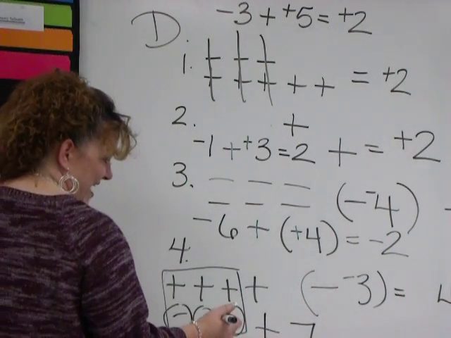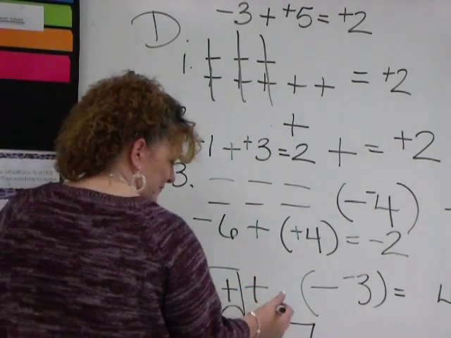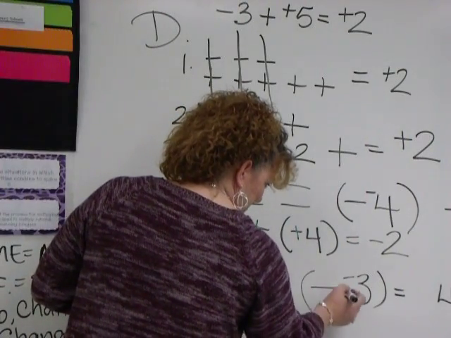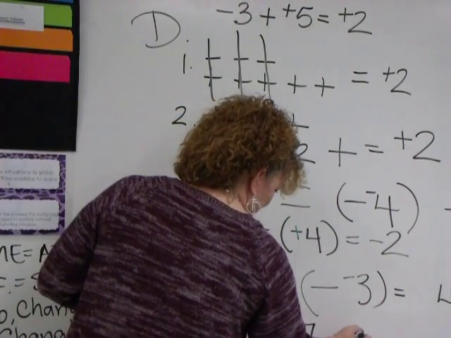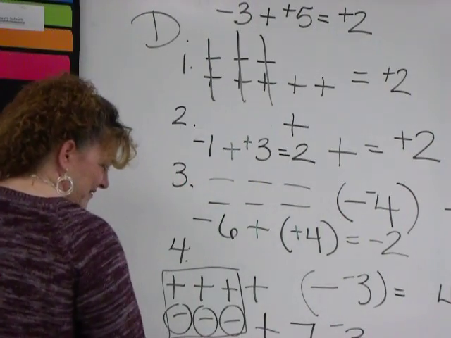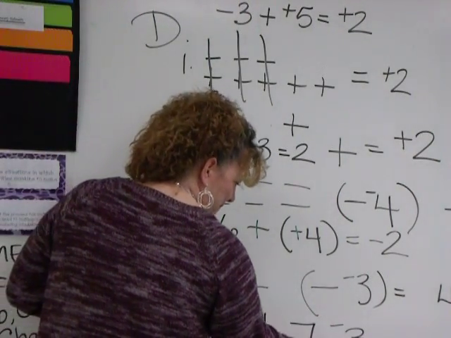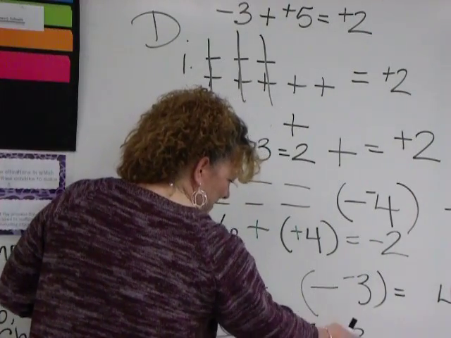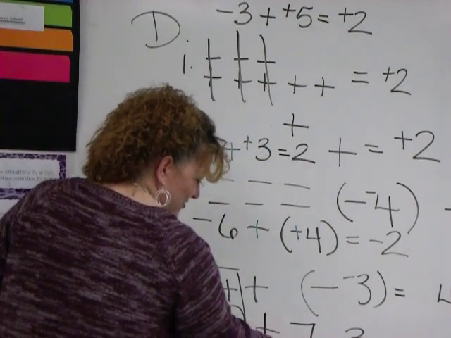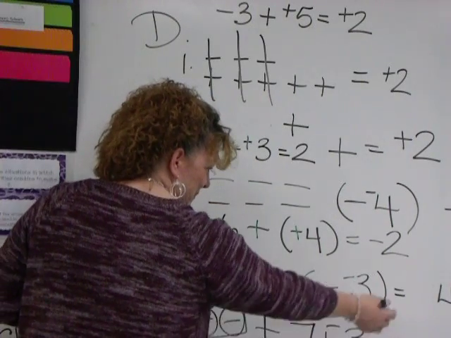Then subtract out a -3. Because when you keep, subtract out a +3, because whenever you keep, change, this has to end up in the +4.